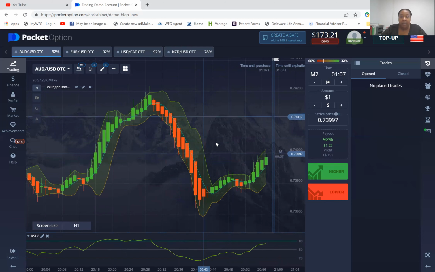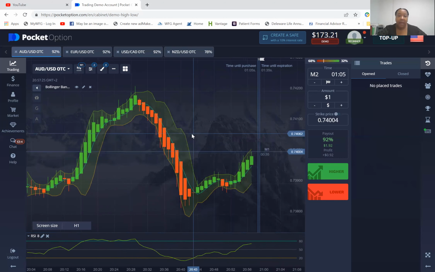This is on a 1-minute candle. Now, when you're doing binary options, you have to consider the candlesticks are moving. You have to give the candlesticks enough time to actually go into the position that you believe they'll go into, okay?